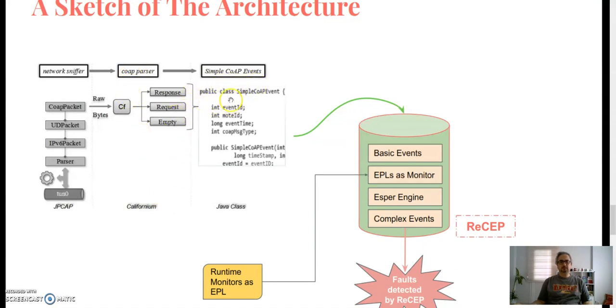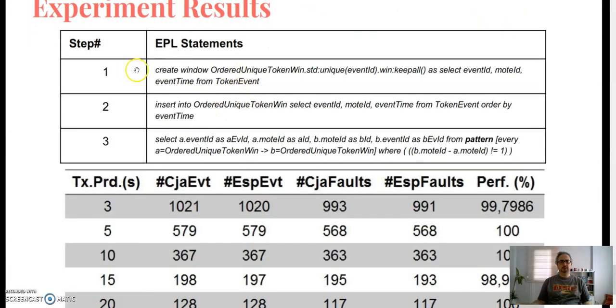We produced simple CoAP events, and we inserted those events into an Esper engine, and we analyzed the event calculus in order to create EPL statements of these lines, as you see. So these are EPL statements that we insert into the Esper engine as the simple events are produced from the CoAP network. Those are fed into the Esper engine. Then these EPL statements are executed on them one after another.